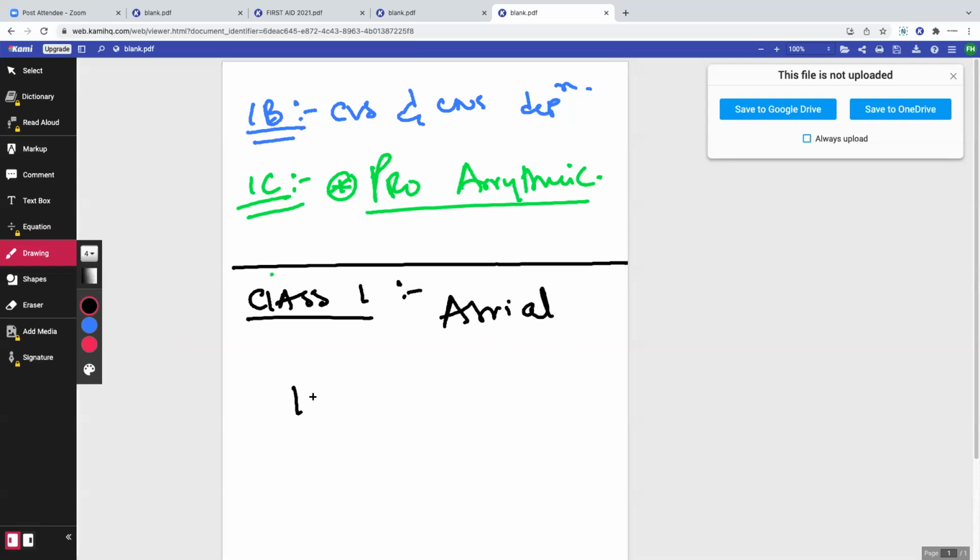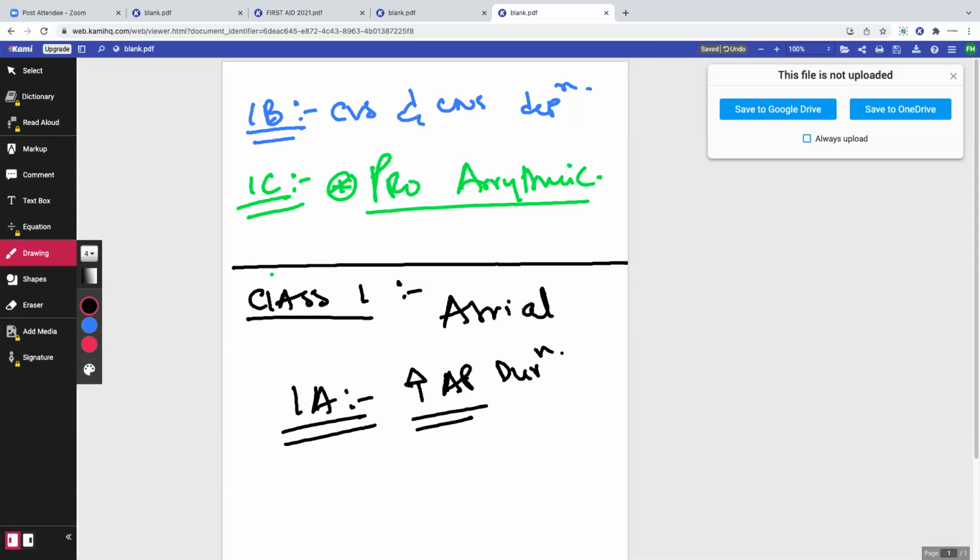Let me just write this down over here. Class 1A is the only drug that can increase your action potential duration, right? And it can also increase your QT interval, but we already talked about that. But this is important because class 1A is a moderate sodium channel blocker, and class 1C is a strong sodium channel blocker.